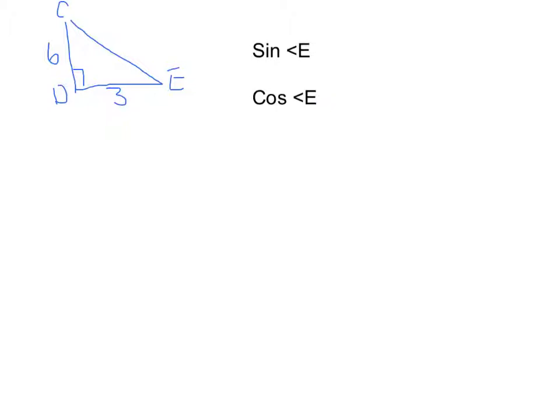Now, yesterday I told you guys you could save yourself a little bit of work. You didn't have to rationalize the denominator. However, you do need to simplify radicals. By simplify radicals, there are a couple different ways you can do it. It's when you take out those perfect squares. A lot of you guys learned it where you did the factor tree. So if I want to simplify the square root of 45, I'm going to break up 45 into different factors.